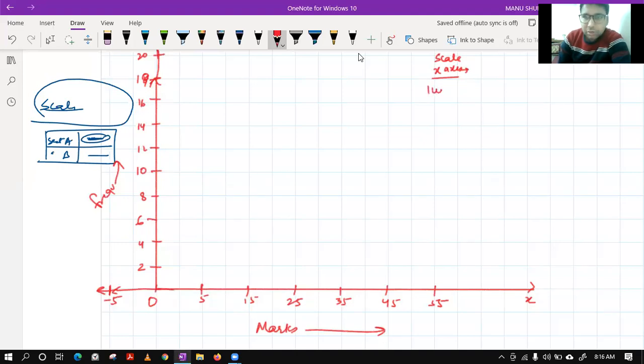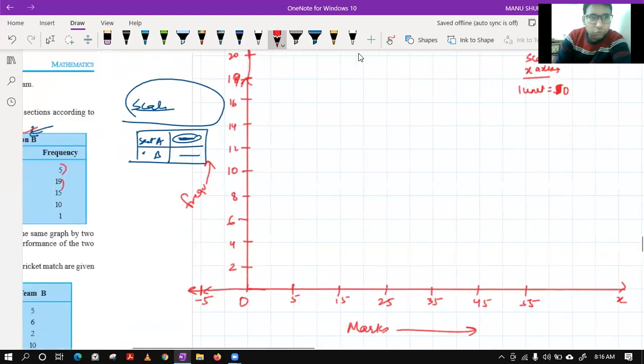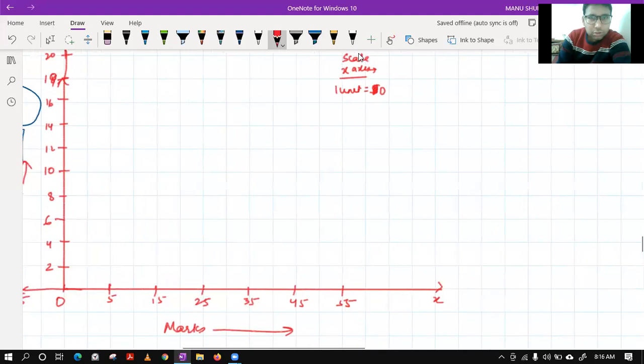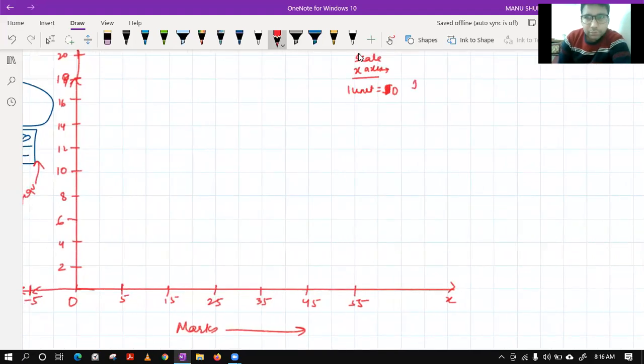So you can say 1 unit equal to 10. 1 unit equal to 10 what? This is your number of students now. Okay, 10 students, and your y-axis scale is simple. 1 unit equal to 2. Sorry, this is marks, not students. 10 marks, and this is students.